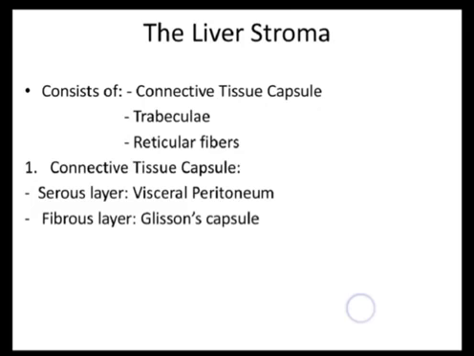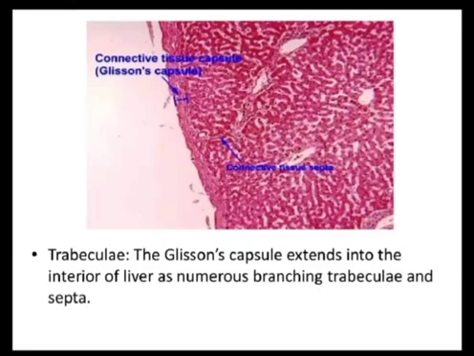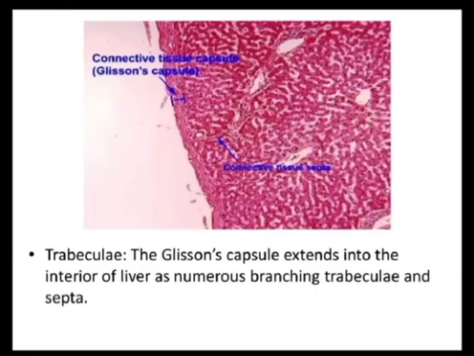Also the liver is covered by the serous layer, that is the visceral peritoneum, and the fibrous layer is called Glisson's capsule. Glisson's capsule extends into the interior of the liver as numerous branching trabeculae and septa.